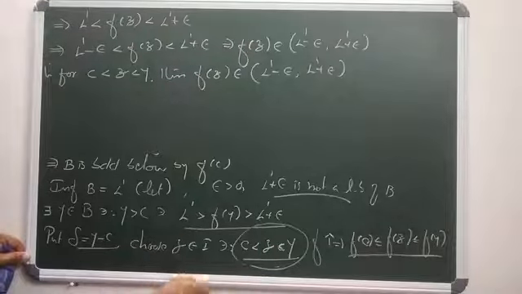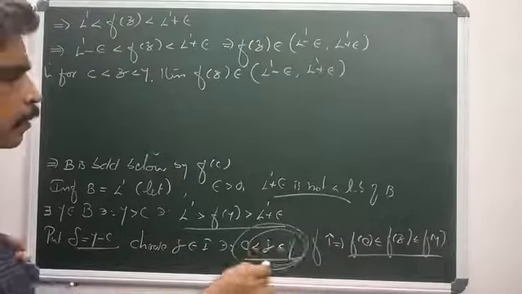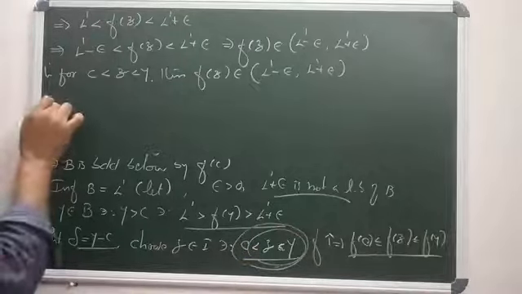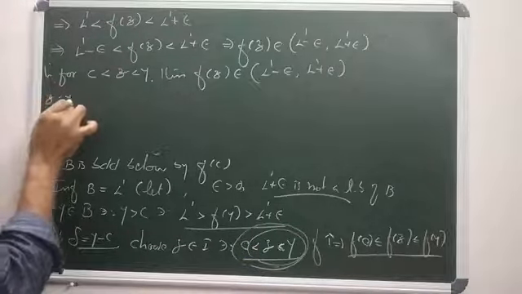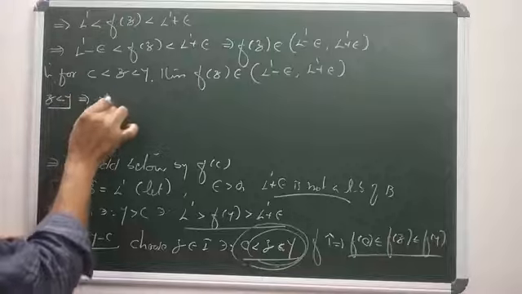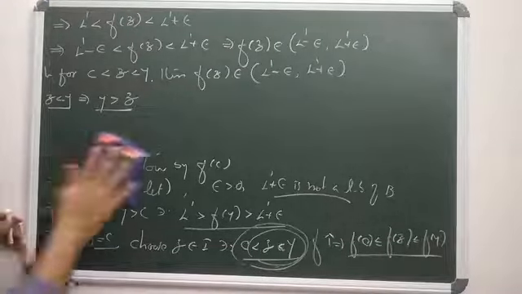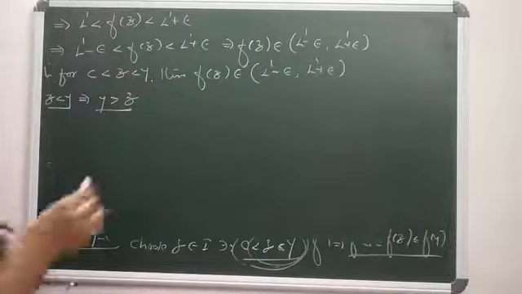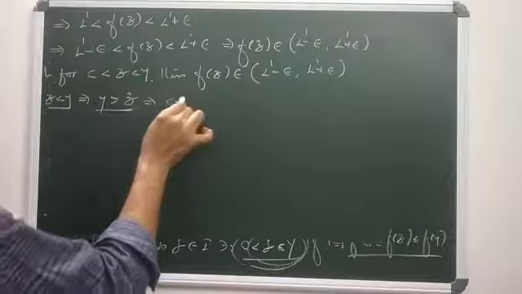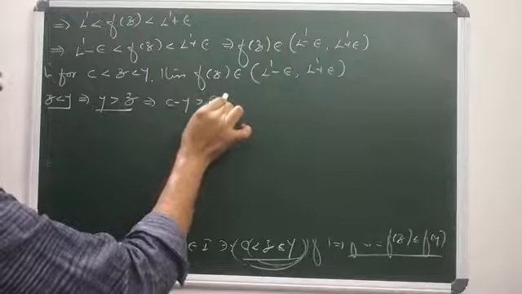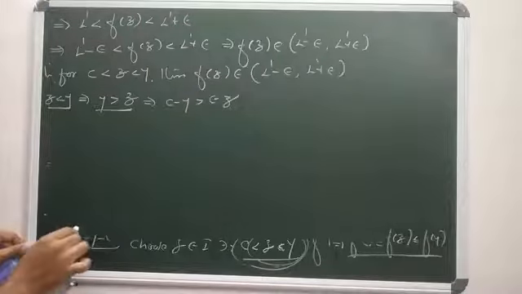But what are y and z? Come to this one: z < y means y > z. Y > z means c − y > c − z. But what is delta?